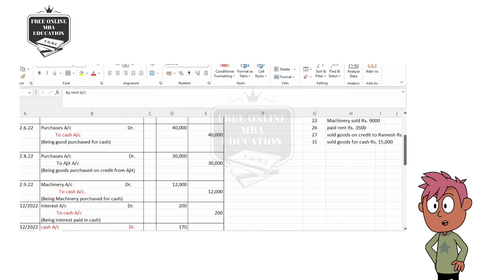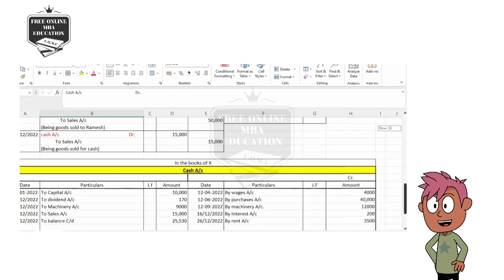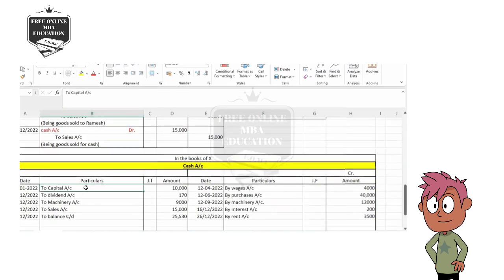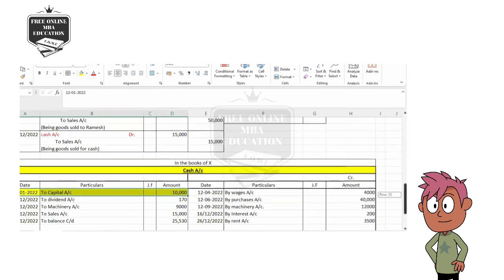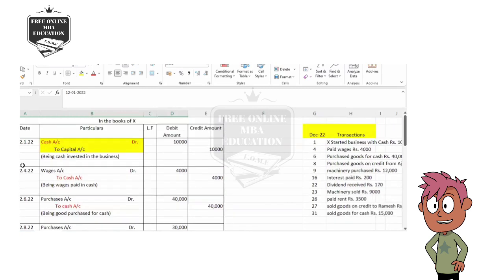I'll mark in different colors simply to understand how this entry went there. Cash account debit to capital account. So on the debit side of cash, we are supposed to write to capital, and I have marked here to capital as the yellow color. Fine. Then next is wages account debit to cash account.